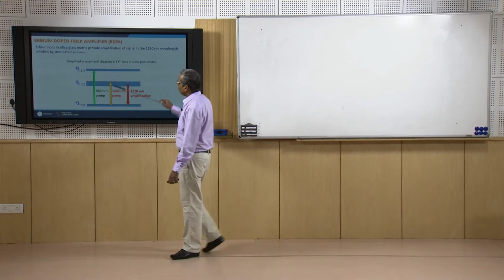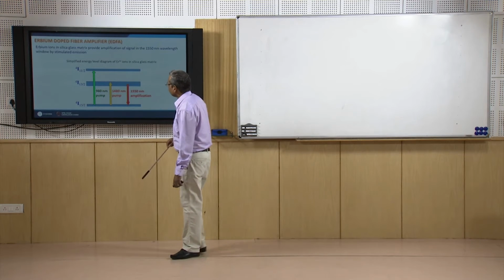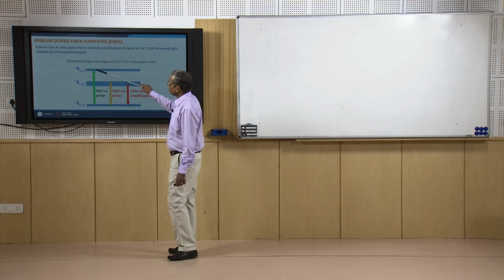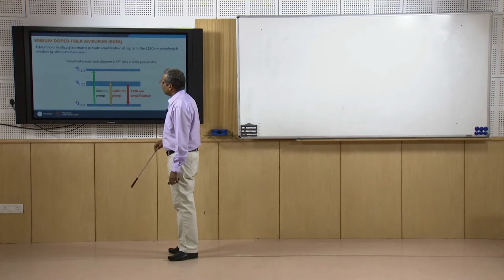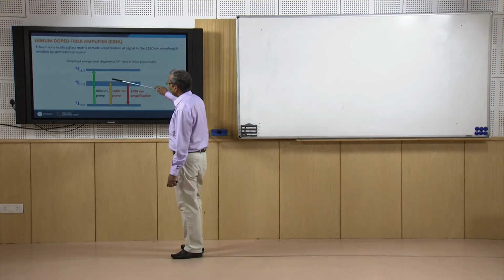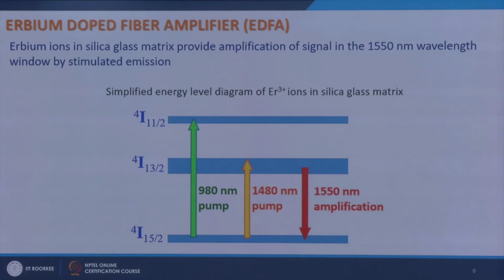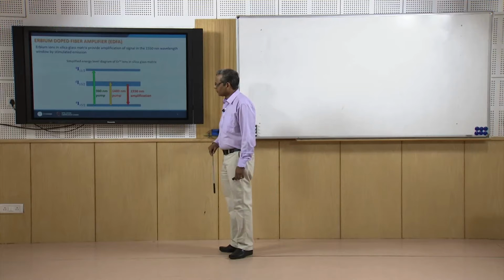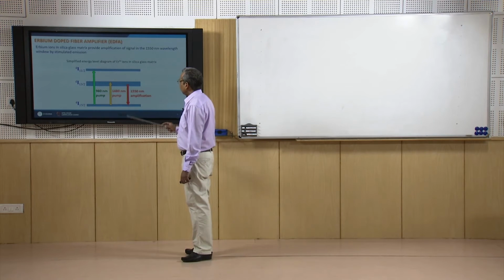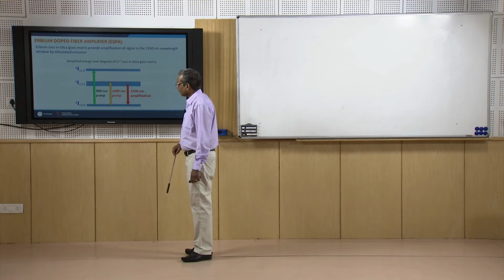So, you have these energy bands here. This band corresponds to about 980 nanometer wavelength. Here you can have about 1480 nanometer, and this corresponds to 1550 nanometer. This is a short lived band and this is metastable.